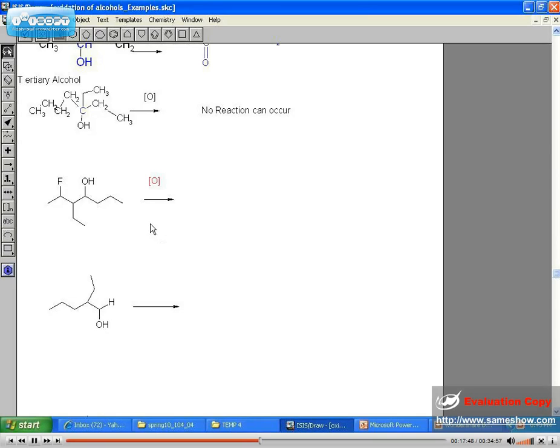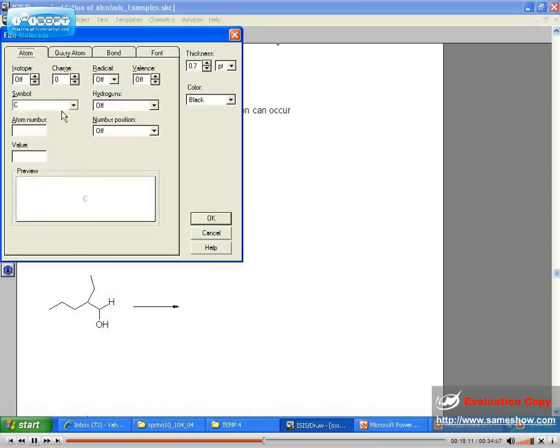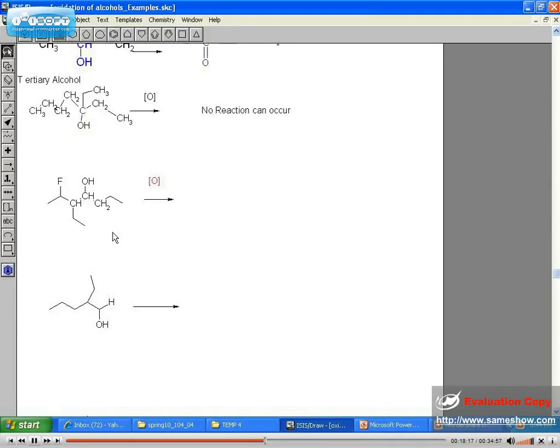So that's the oxidizing agent. Now, let's go ahead and take a look at the carbon that's directly bonded to this alcohol. So I'm going to go ahead and highlight this carbon right here. Actually, I'm going to highlight all of these carbons right here. And you can do this in your mind. You can do it on the piece of paper that's near it.